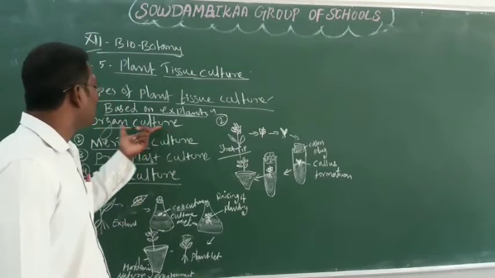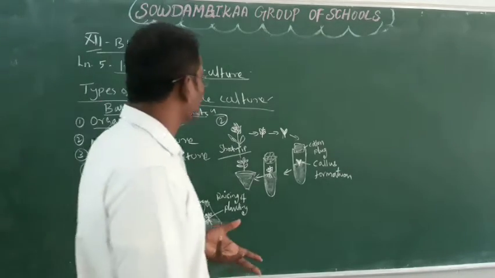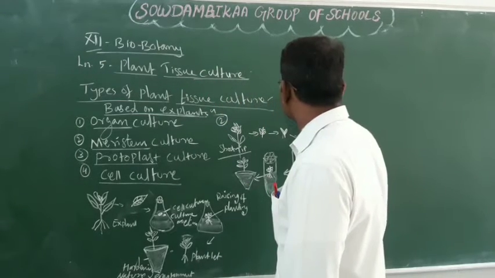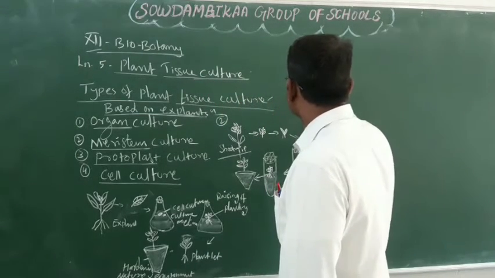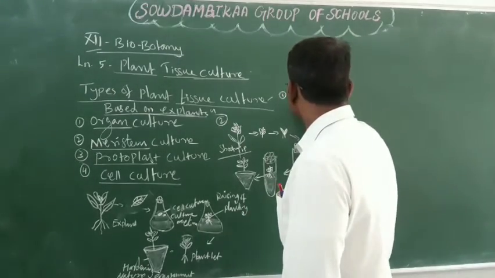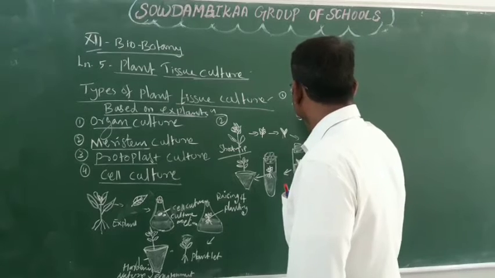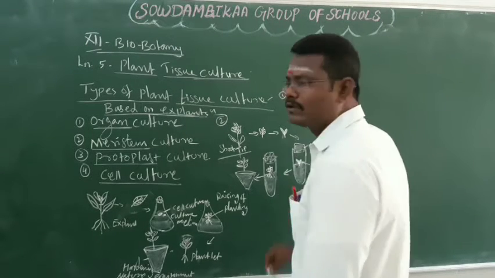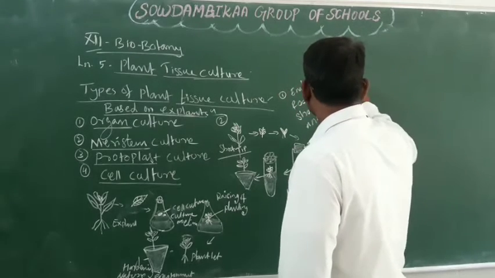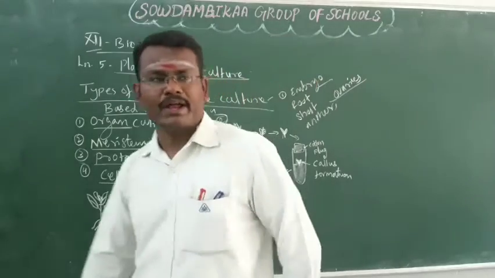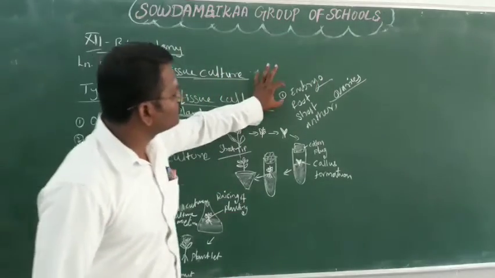First is organ culture. But first, what are these organs? The organs are the embryo, root, shoot, anther, and ovaries. These are the organs of the plant we use for culture.